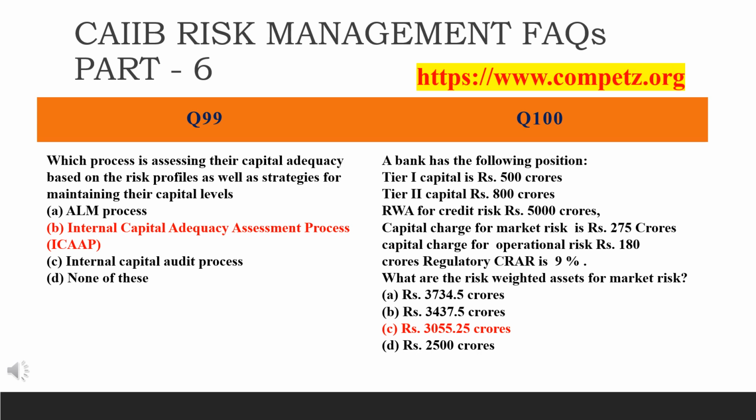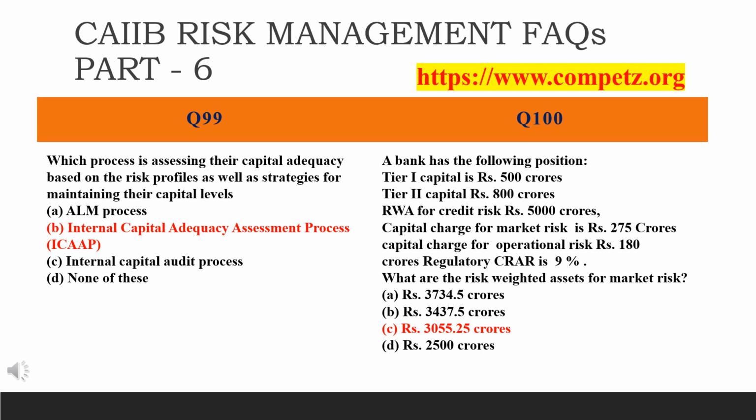A bank has the following position: Tier 1 capital 500 crores, Tier 2 800 crores, risk weighted assets for credit risk 5000 crores, capital charge for market risk 275 crores, capital charge for operational risk 180 crores, regulatory CRAR is 9%. For India it is 9%; it will differ from country to country. What are the risk weighted assets for market risk?